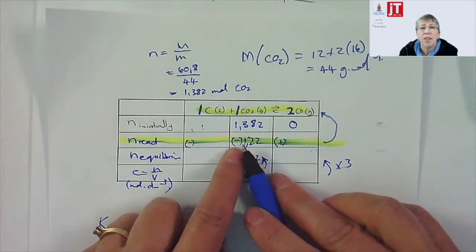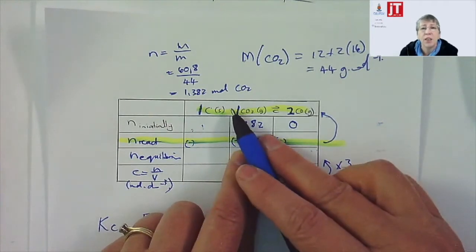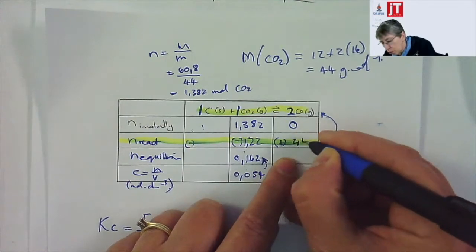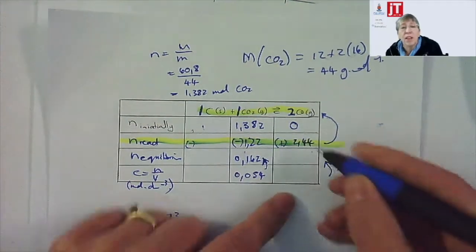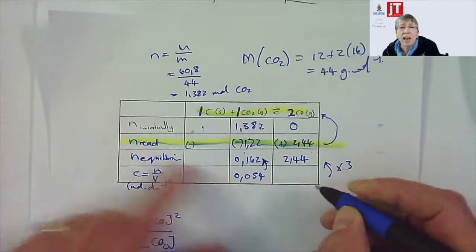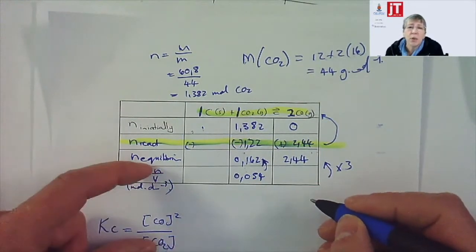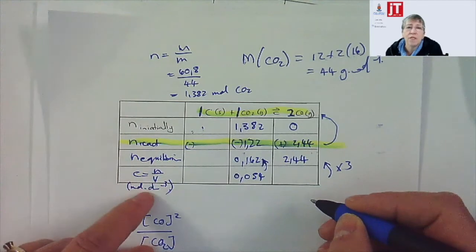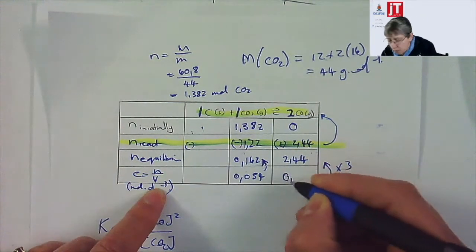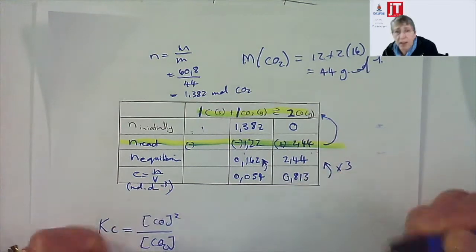So if you have 1,22 of that used, you need twice that, 2,44 of that will be produced. And if I produce that, it means I end up with that. And then to get to concentration, I will take my moles and I will divide by 3 because that is the volume, and I end up with 0,813.